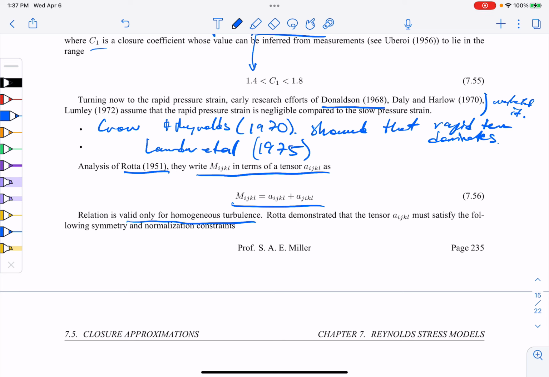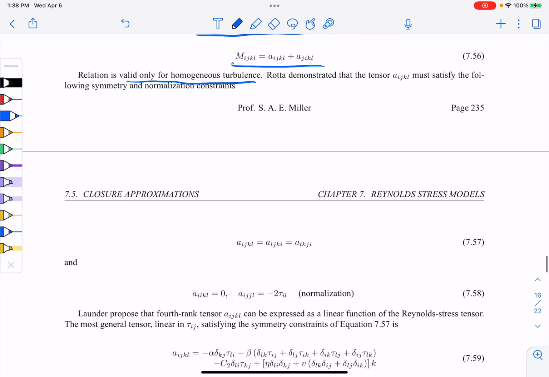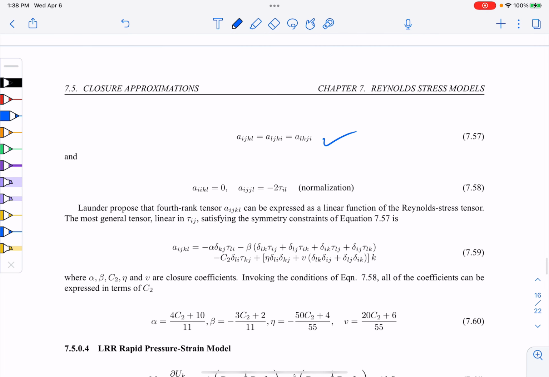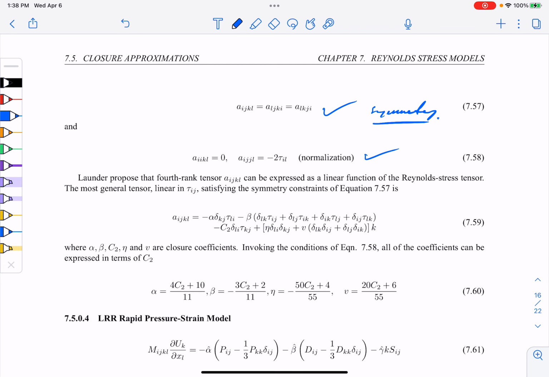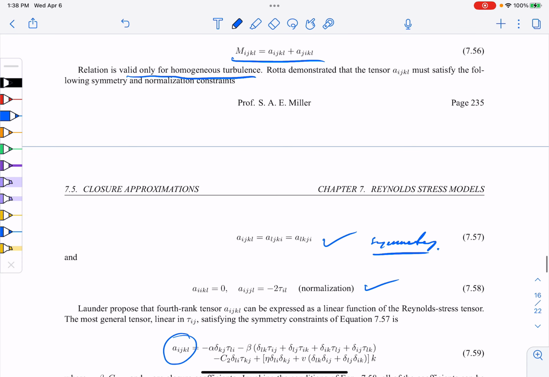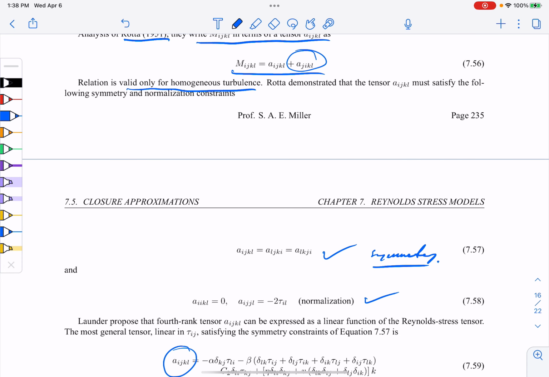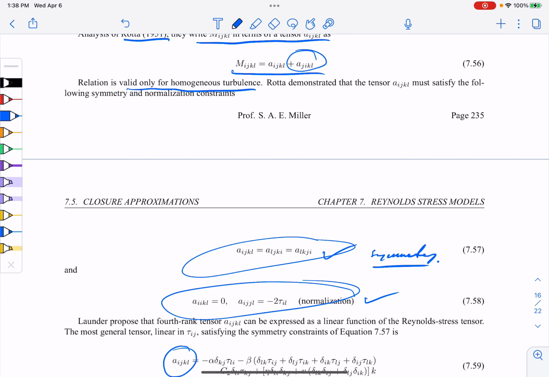And this tensor, if you break it apart this way, must satisfy symmetry and normalization constraints, which are listed here and here. And then Launder came along and proposed a closure for a_ijkl. And if you have a_ijkl, you can find M_ijkl from symmetry and normalization terms.